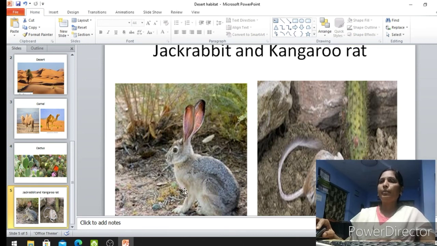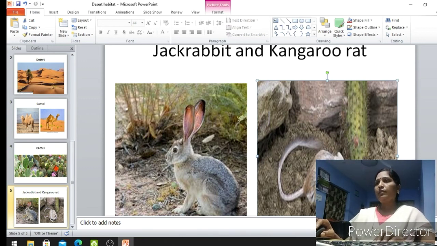Even in hot conditions they have a cool temperature because of the blood vessels present in their ears. The big blood vessels in their ears help them cool their body. So that is one of the adaptations jackrabbits show to survive in the desert areas.